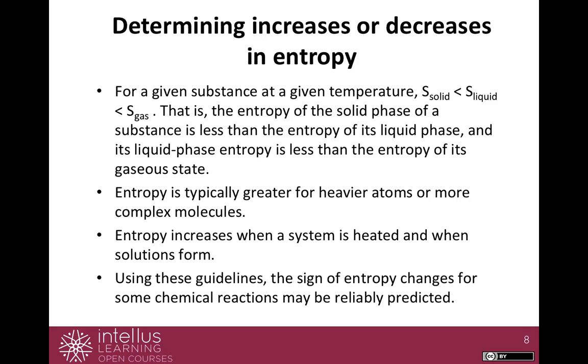It increases when a system is heated because now they have more energy to achieve more random positions. And so you should be able to tell me whether a system is increasing or decreasing in order if you look at the state of matter and the temperature.